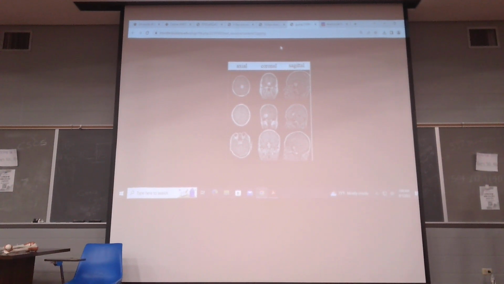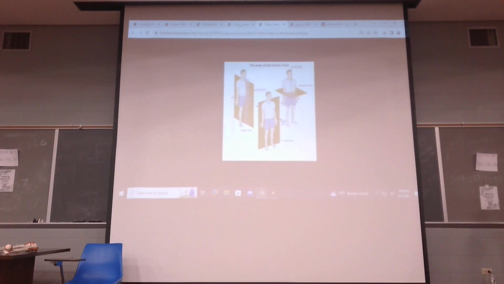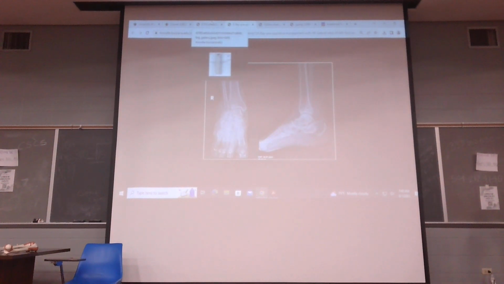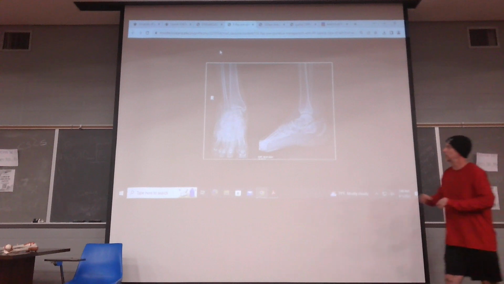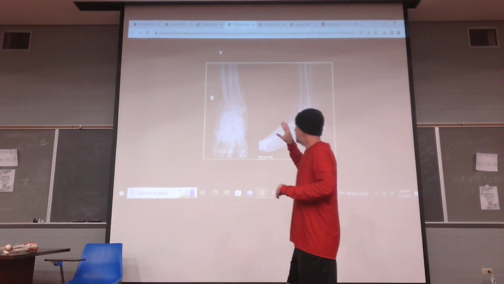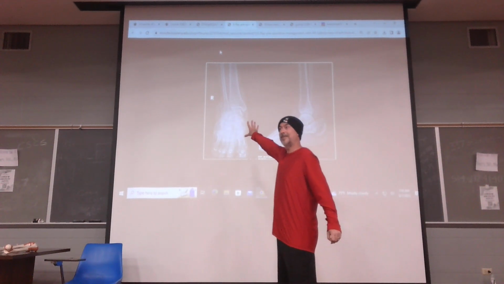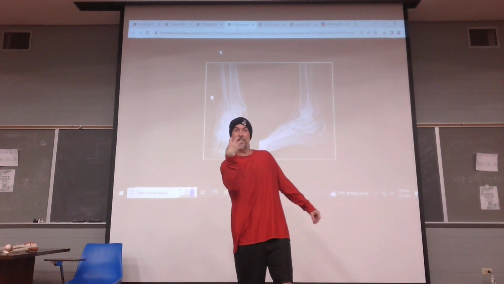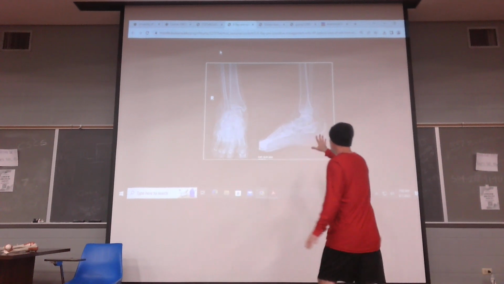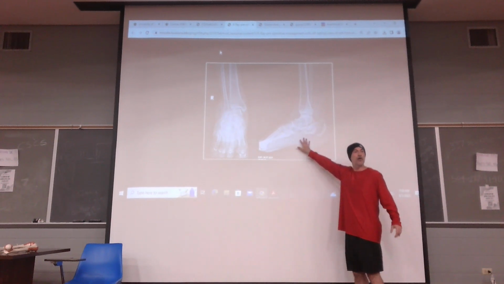There's no spin happening. It's just a view from the side. So that you could potentially see the spin that is perpendicular to that view, or to that axis. Okay. So this would be an example of an AP view of an ankle x-ray from the front to back, and a lateral view of the ankle.